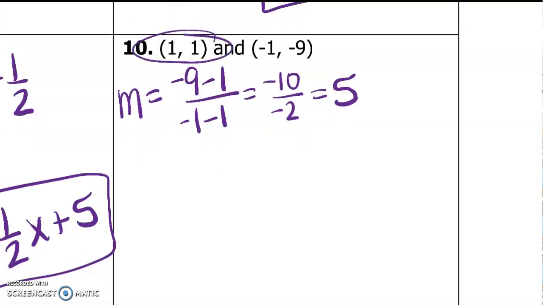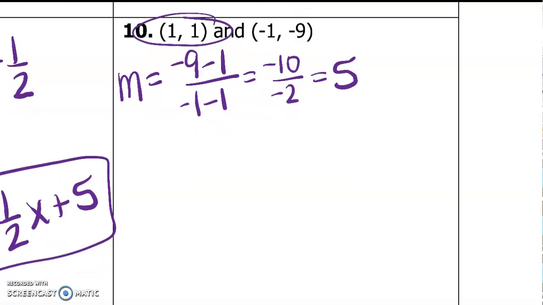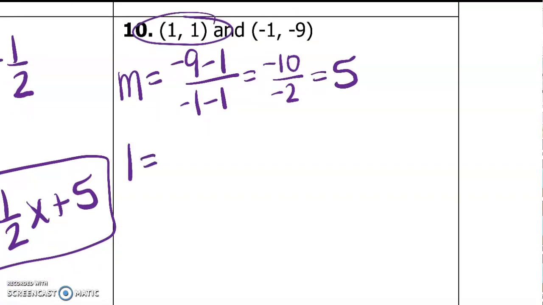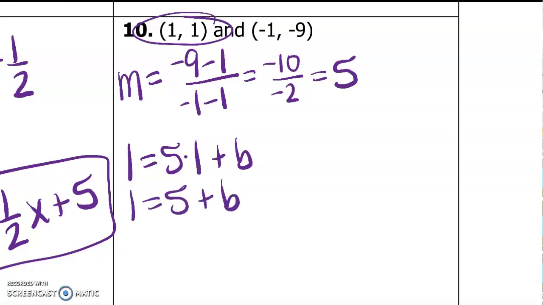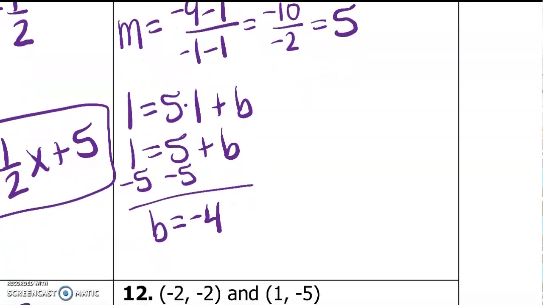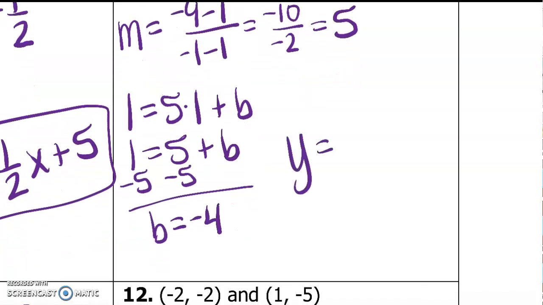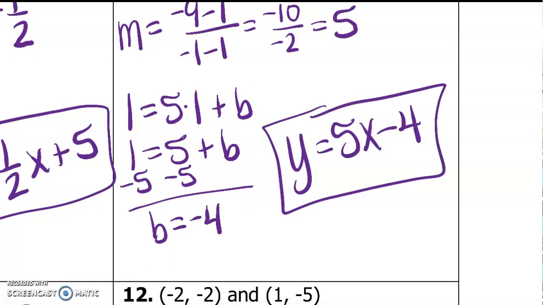I would pick 1, 1, so it doesn't matter which one's the x and which one's the y. 1 equals 5 times 1 plus b. So multiply, 1 equals 5 plus b. Subtract 5, and b equals negative 4. So your final answer is y equals 5x. Again, when your b is negative, just write a minus sign. So minus 4.